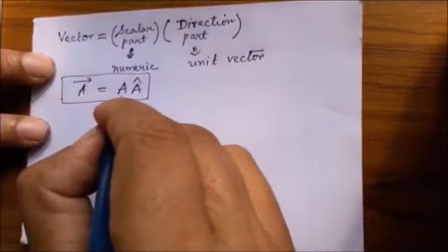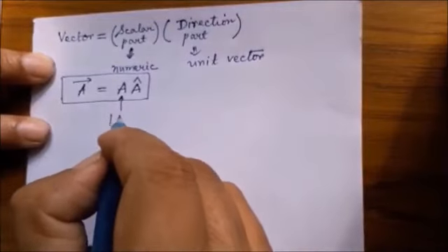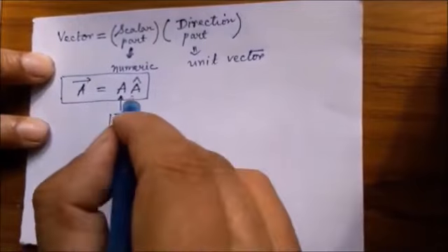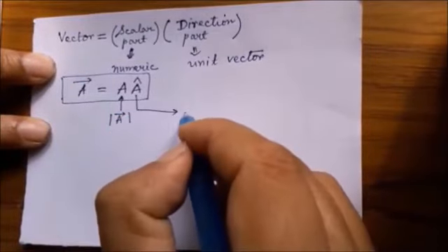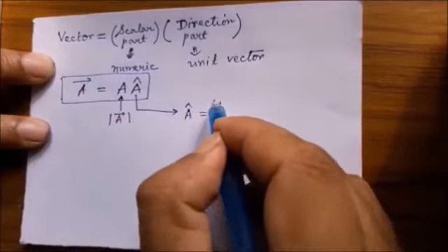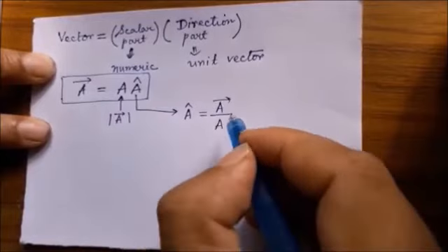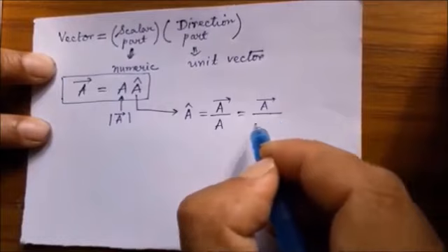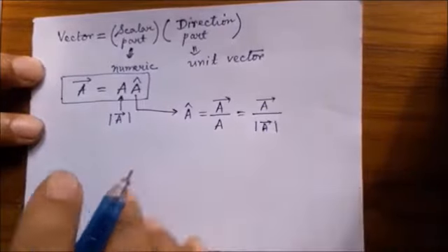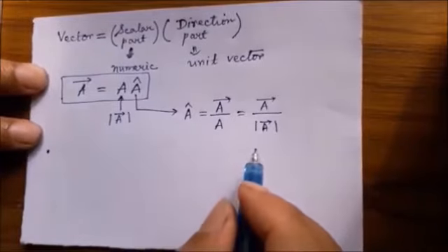And here this A is in fact the modulus A or the magnitude A, and this unit vector A cap is therefore vector A by A. So this is how we can express the vectors.